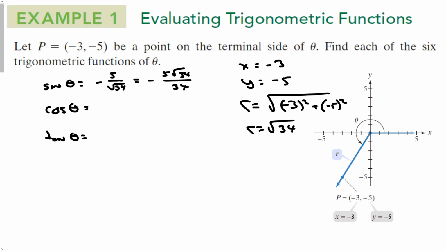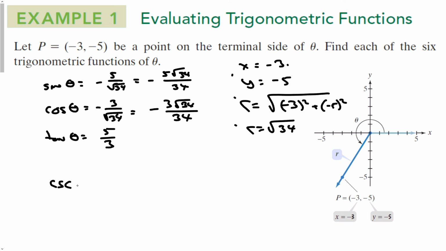Same thing for cosine, which is -3 over the radius, which is -3 square root of 34 over 34. And the tangent would be y over x, which would be -5 over -3, which turns positive. Okay? And then I would usually write them over here right next to it, but I ran out of room.